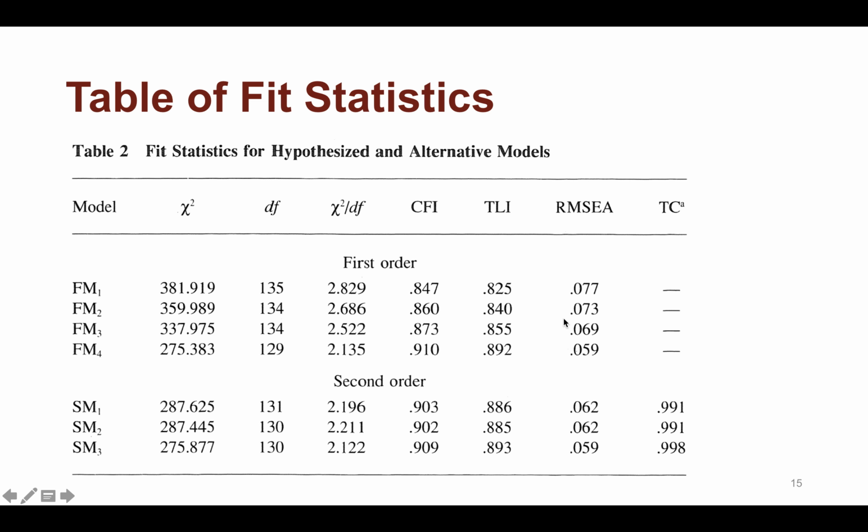I think I said less than 0.08. So those are looking pretty good. There are just different fit indices that can be reported. There are many more than I've talked about, so you may see some additional ones in articles. Again, you don't need to be experts on the different ones, just familiar with the different types of them. Some you want to be close to 1, some you want to be close to 0.